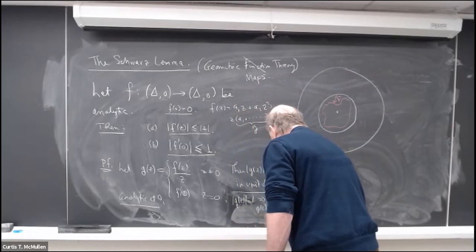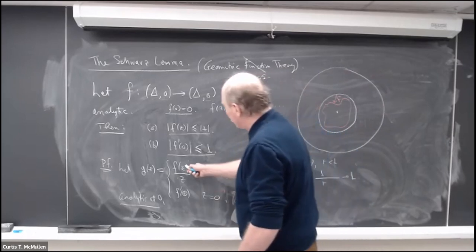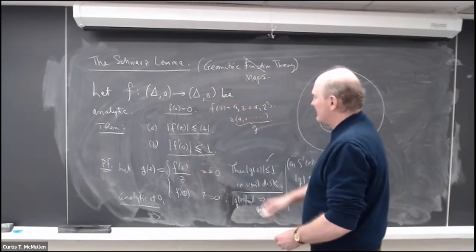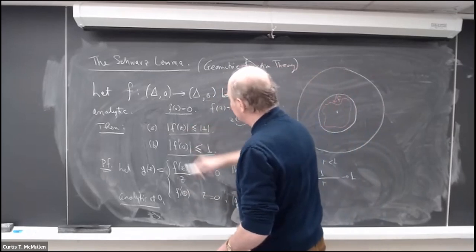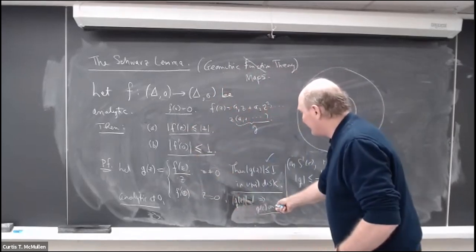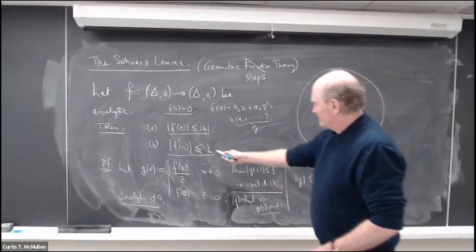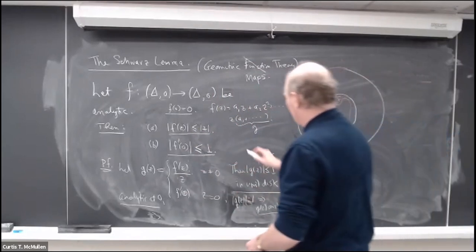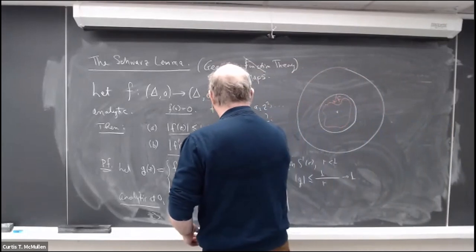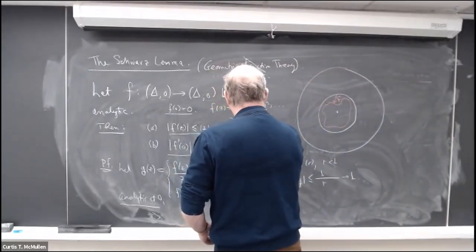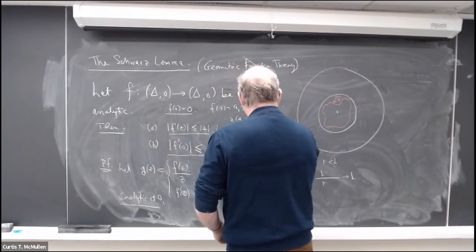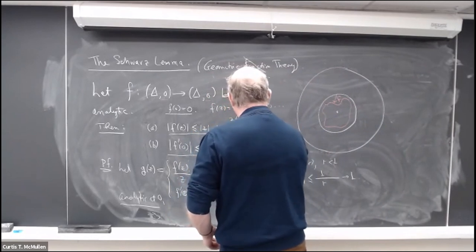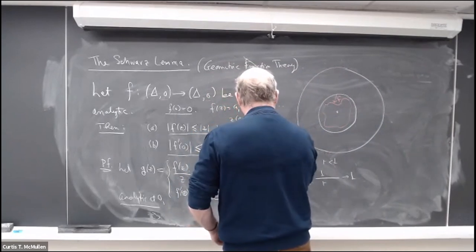And if g is constant, it just means f of z over z is constant, which means f of z is a constant times z, that constant being of absolute value 1. Similar reasoning holds here; that's just the case g is equal to 0. So in the case of equality, f of z is just a rotation, e to the i theta times z.